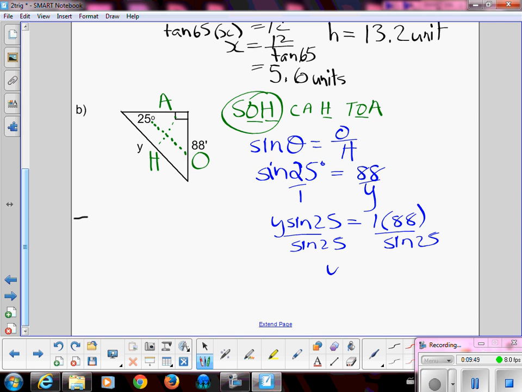When we do that, we end up with, on our calculator, 208.2 units. Oh, actually it's feet, because we know that. Okay, so that's it for this lesson, so you can move on to the next one after.